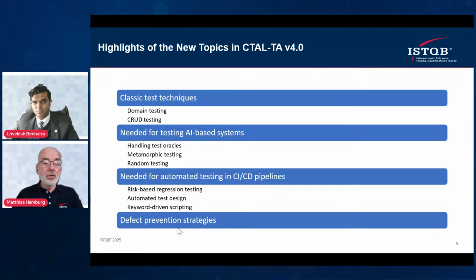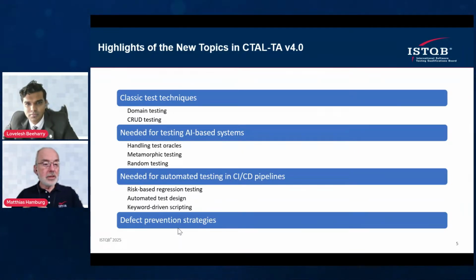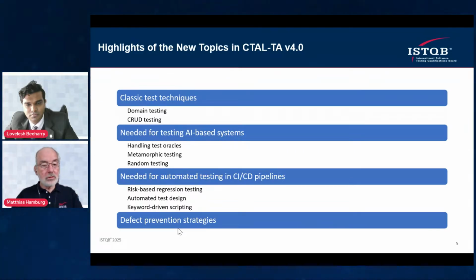We also consider that the industry needs much more automation than before. And test analysts have to contribute to this as well, especially to support continuous integration, continuous delivery pipelines. And this includes the selection of risk-based testing test suites.